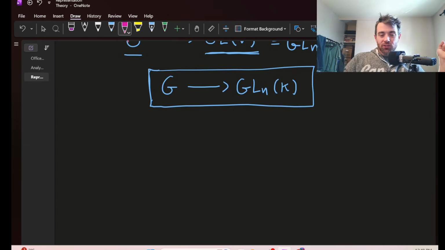So if you know what a group action is, then perhaps you've seen this before, where one takes a group and forms, I'll call it G underline, the one object groupoid.